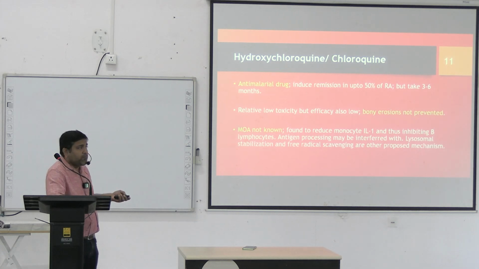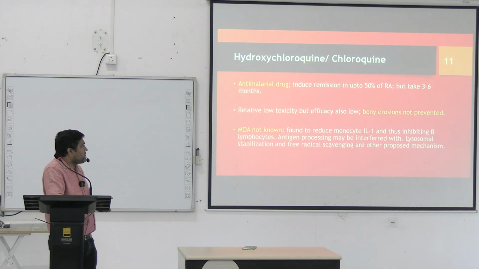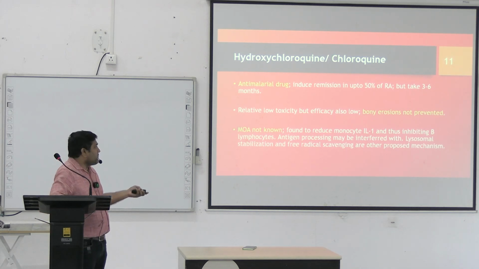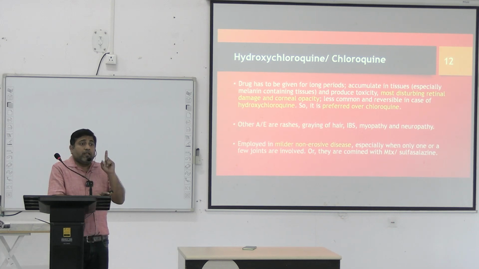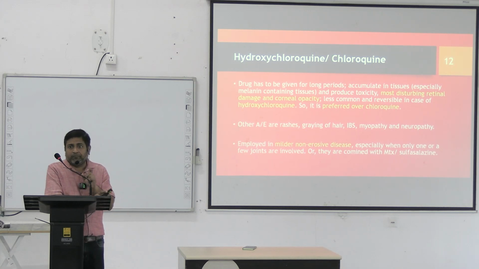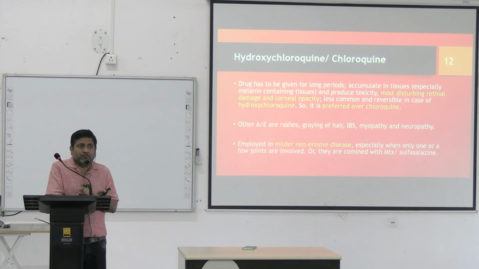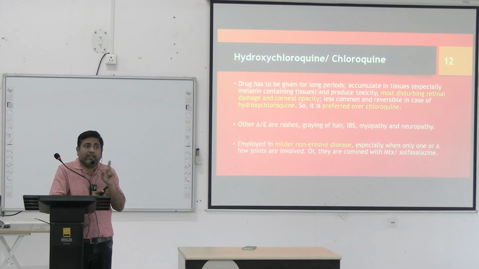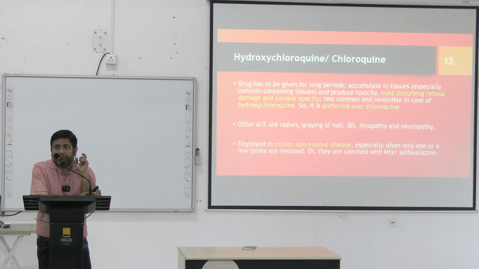Antigen processing may be interfered with, lysosomal stabilization and free radical scavenging are possibly the other mechanisms. Now, the drug has to be given for longer periods to be active. The problem is that on longer use the drug gets accumulated in many tissues, particularly melanin containing tissues, and that leads to retinal toxicity and corneal opacity.